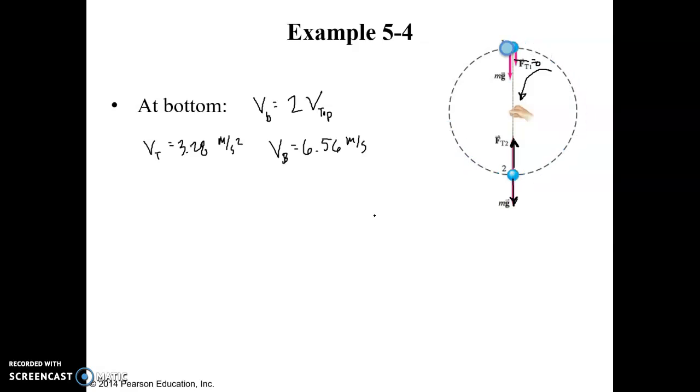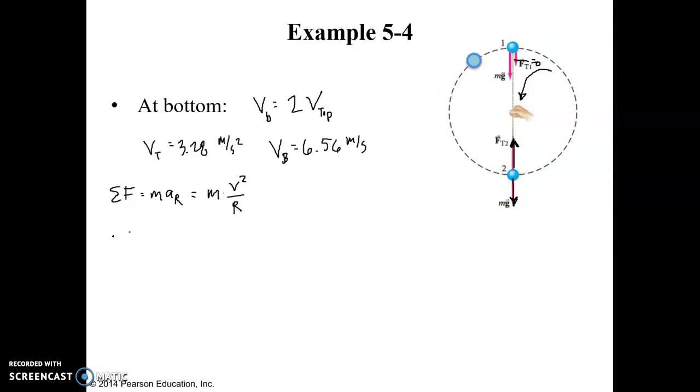So what is that force going to be? We need to solve for Ft2. So if we apply Newton's second law of motion, F equals ma, our acceleration in this case is centripetal, so it's mass times velocity squared over r.